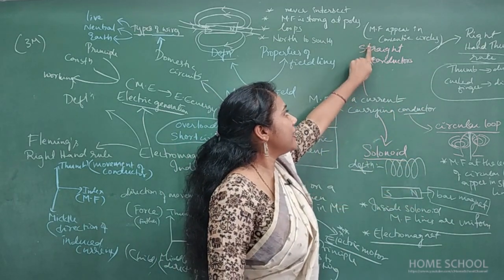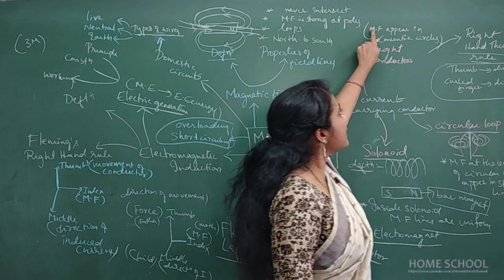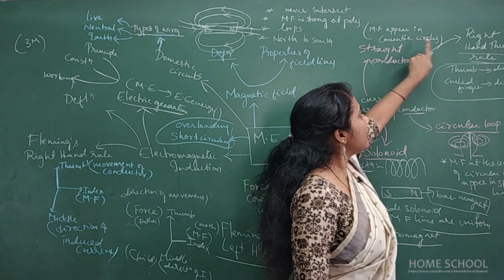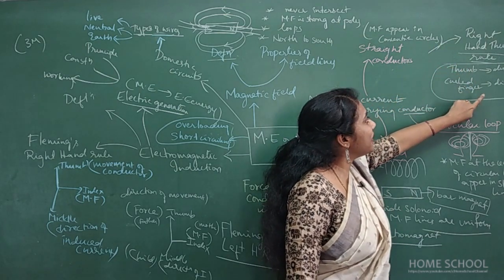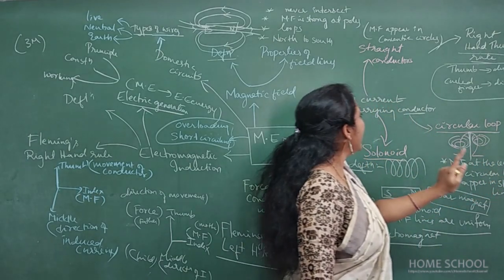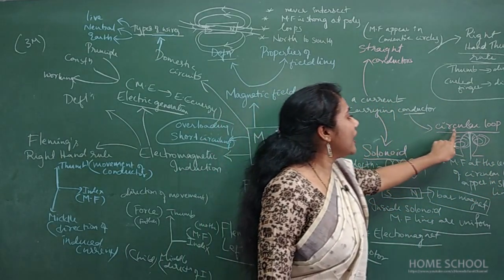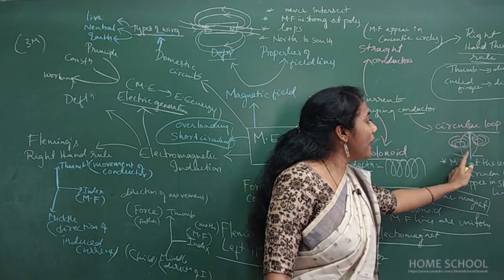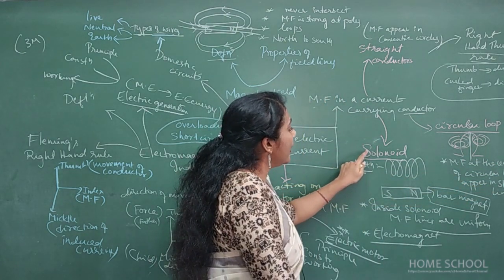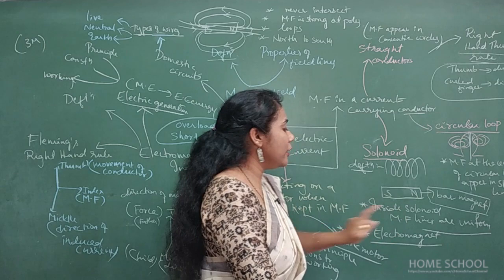If the conductor is a straight conductor, the magnetic field appears in concentric circles, and its direction is identified by the right hand thumb rule. If the conductor is a circular loop, how does the magnetic field look? If the conductor is a solenoid, how does the magnetic field look?